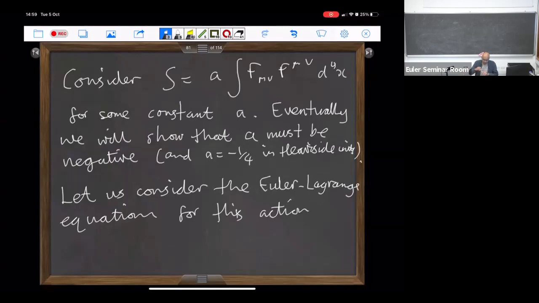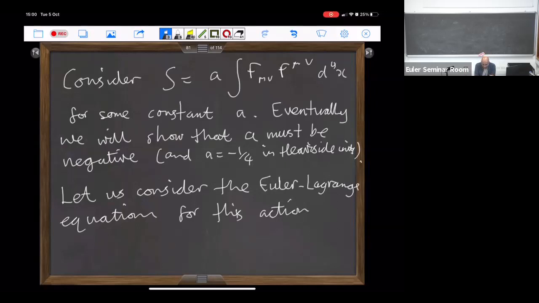Now F mu nu has 6 non-zero entries. This Lagrangian, F mu nu squared, as it's sometimes called, has a bunch of terms involving different combinations of derivatives of the gauge field.